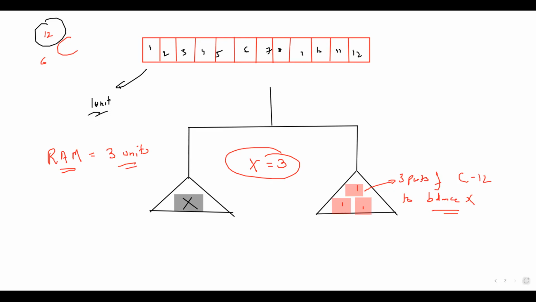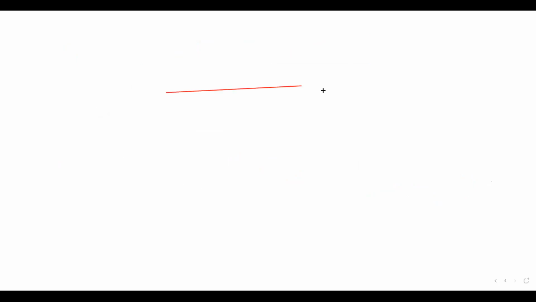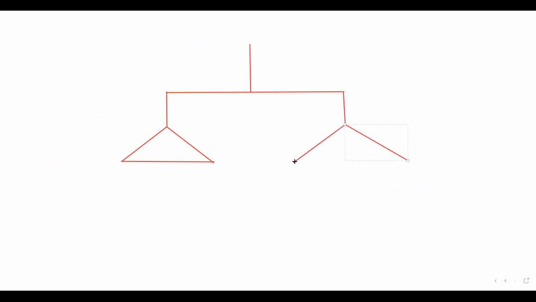And if there is another element Y, and its mass is unknown, and we took 5 units of carbon 12 to balance this, what is the mass of this element Y?